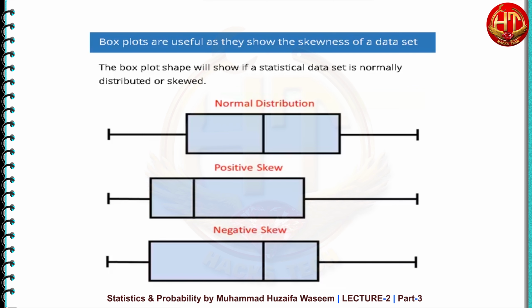The second graph: when the median is closer to the bottom of the box and the whisker is shorter on the lower end of the box, then the distribution is positively skewed or skewed to the right. The last graph: when the median is closer to the top of the box and the whisker is shorter on the other end of the box, then the distribution is negatively skewed. So these are your comments on the shape of the distribution.